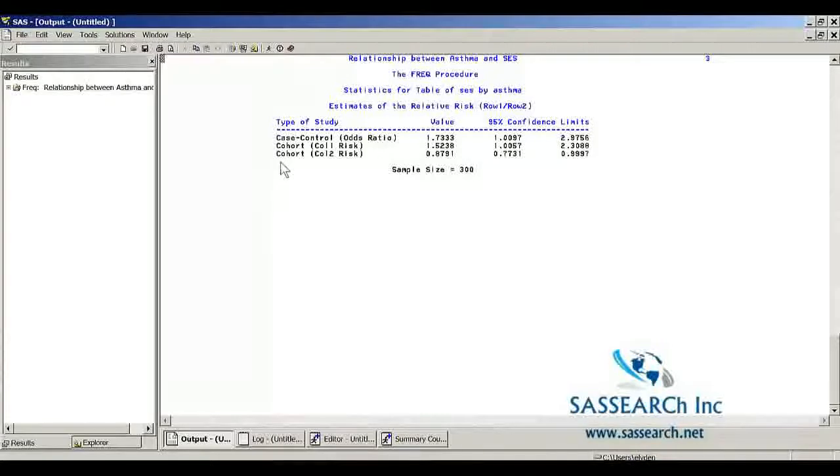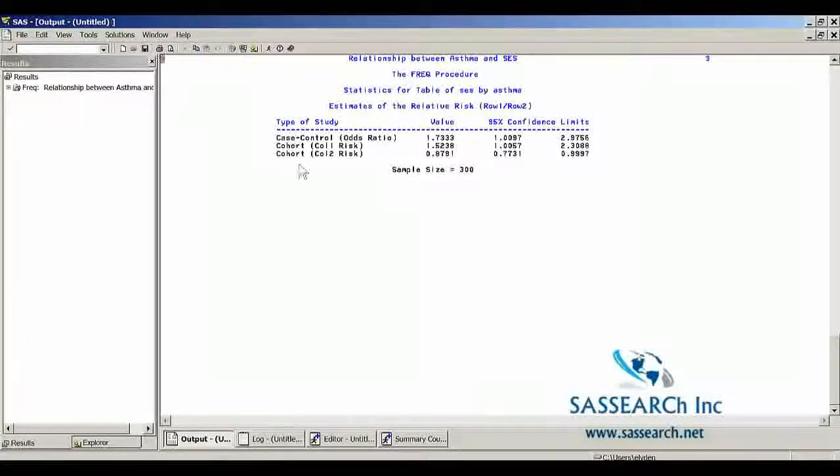And then this last entry for cohort column 2 risk, which is equal to about 0.88, is not the inverse of 1.52. What this relative risk means is that the risk of not getting asthma among subjects with low socioeconomic status is 0.88 times the risk of not getting asthma for subjects with high socioeconomic status.